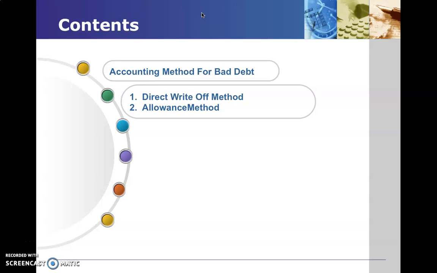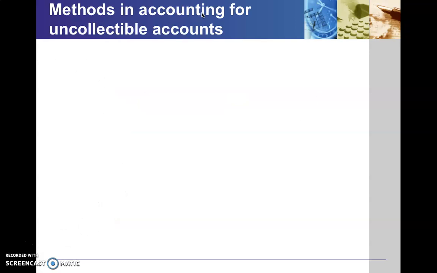Content for Chapter 7 Accounting for Receivables is the accounting method for bad debt. There are two accounting methods for bad debt: the direct write-off method and the allowance method. Methods in accounting for uncollectible accounts.